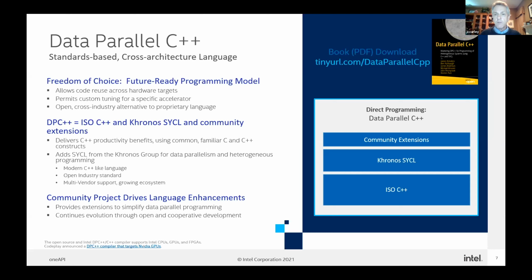And the ones that did, we were able to actually propose, in many cases, right back to Khronos to be integrated into the latest Khronos specification. And so eventually this too becomes standard, usable, and scalable. So a common data parallel language.